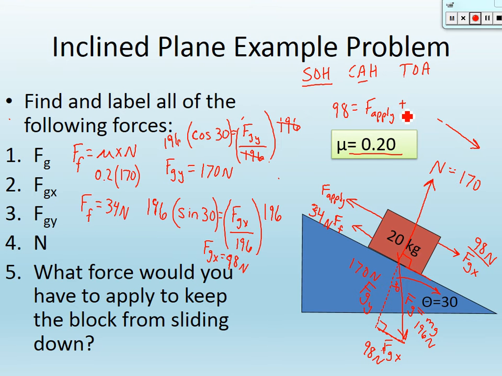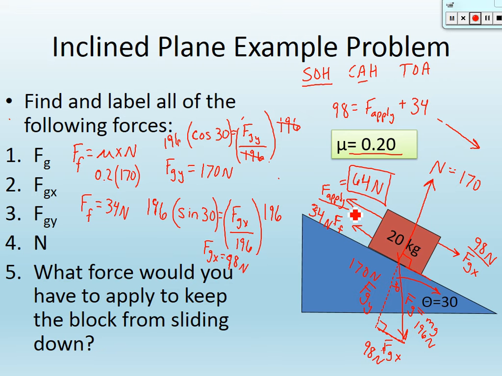But there's also another force going up. Friction is 34. How can we solve for force applied? What's 98 minus 34? So force applied is equal to 64 newtons. So just to hold that block there, you're going to have to put 64 newtons of force. You're going to have to apply that much force to keep it. Does that make sense? Okay.